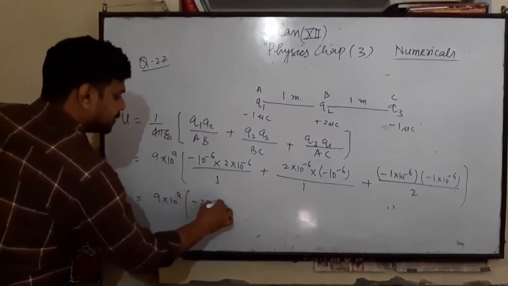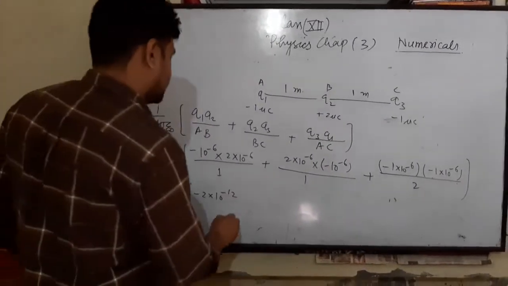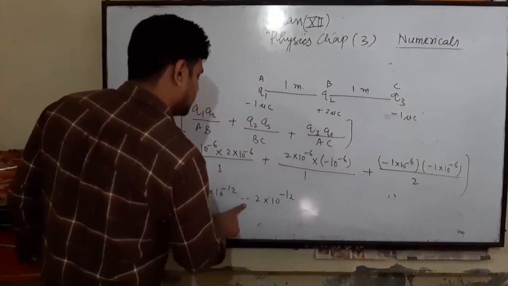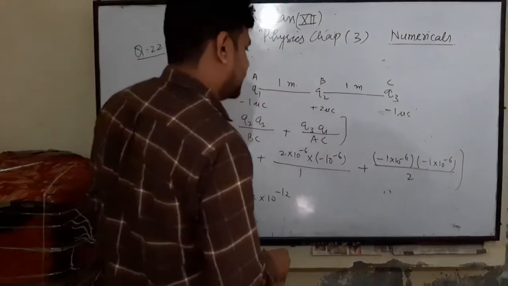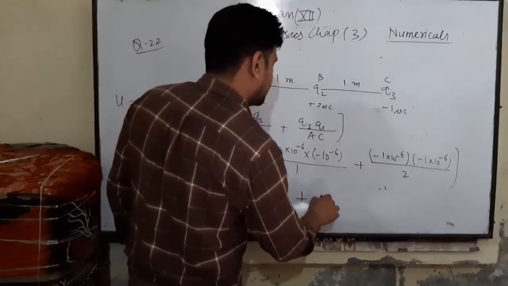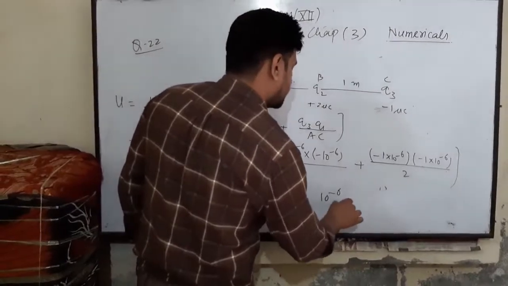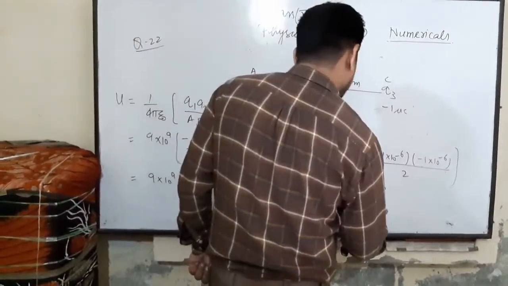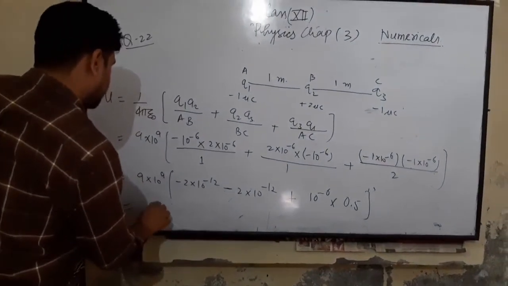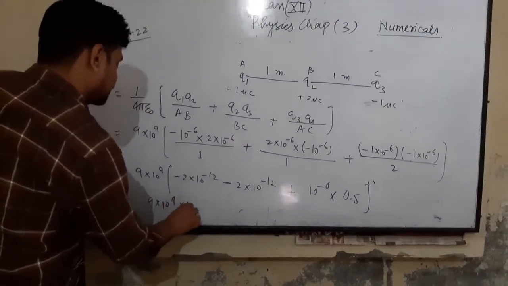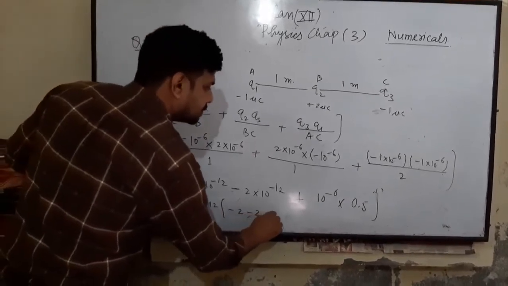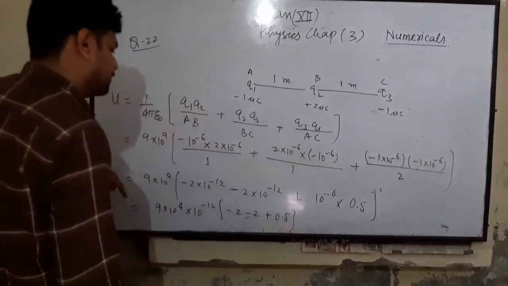Now calculate this. Minus 2 into 10 to the power minus 12, minus 2 into 10 to the power minus 12, plus 10 to the power minus 12 into 1 by 2, which is 0.5. So it becomes 9 into 10 to the power 9 into 10 to the power minus 12 into minus 2 minus 2 plus 0.5, which is minus 3.5.